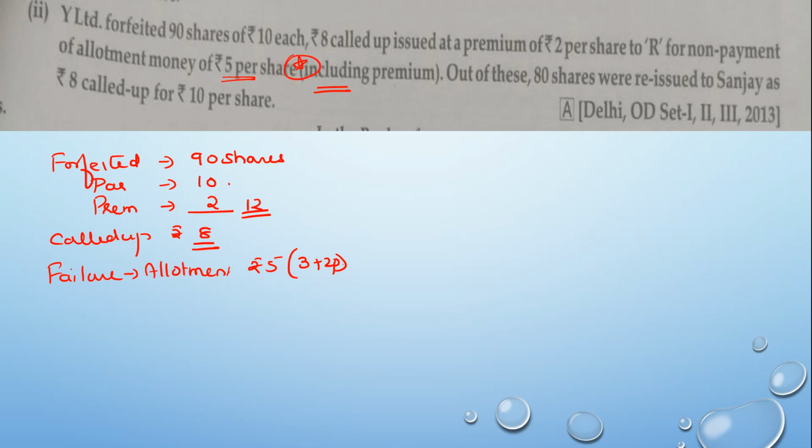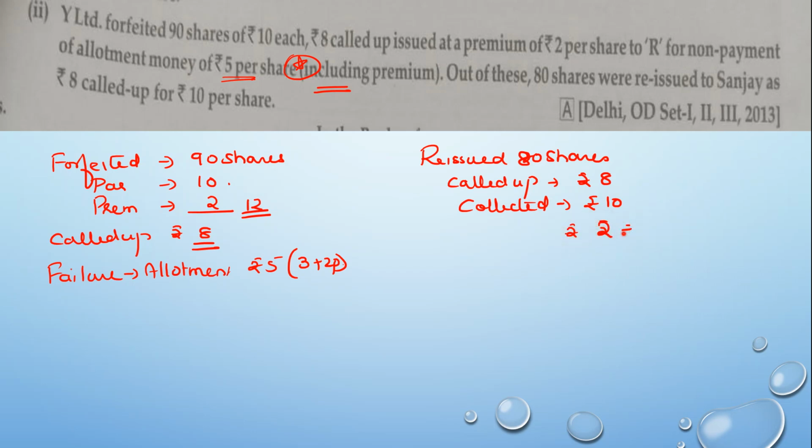Then they have said out of these, 80 shares are reissued to Sanjay as 8 rupees called up for 10 rupees. So what is considered as called up value is going to be 8 rupees. But what is being collected here? 10 rupees. So extra 2 rupees is the premium being collected here.